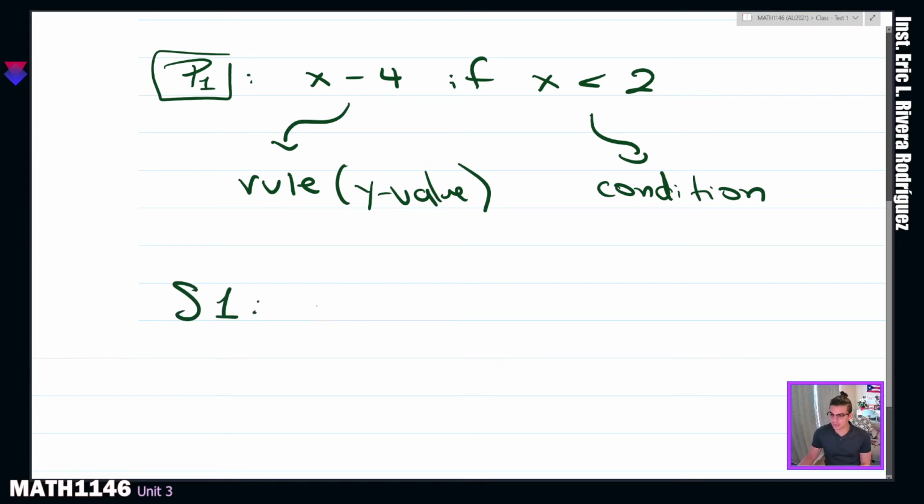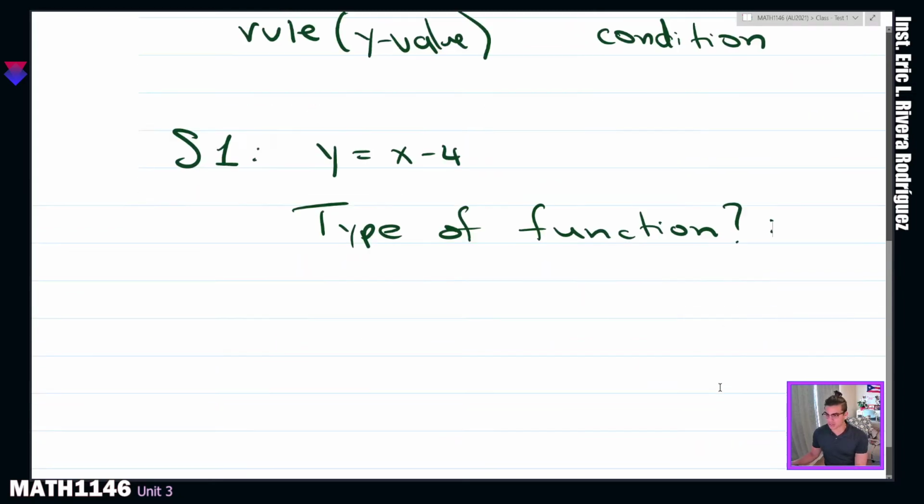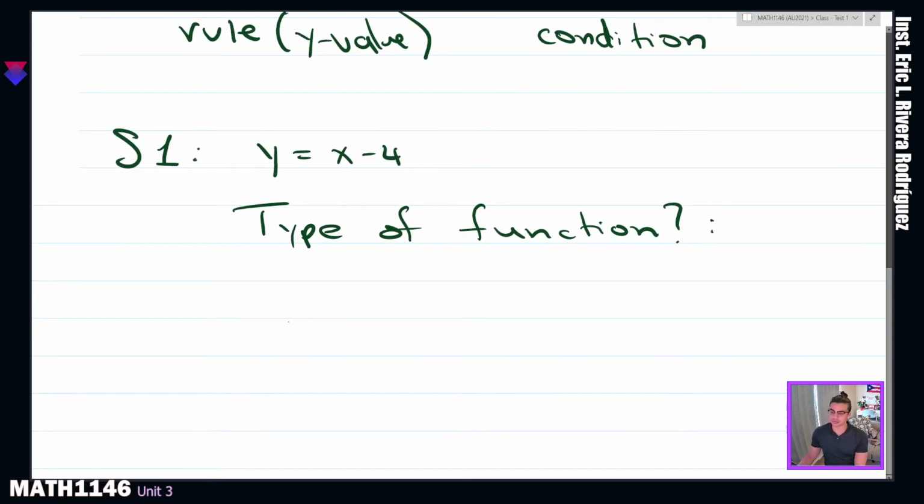We need to identify, so this is the equation that we have, and we need to identify the type of function that it is. Once you identify the type of function, you want to identify the shape, and more important, you want to identify how many key points you need.